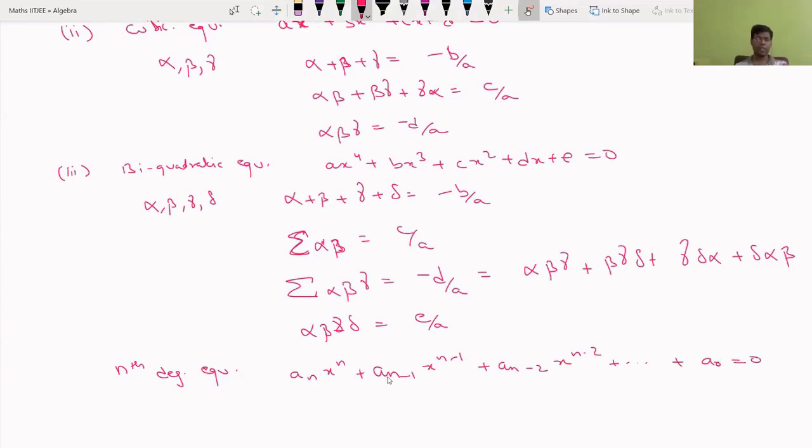Suppose this is my n degree equation. Then say alpha, beta, gamma, delta, and so on are the roots of the equation. Then the sum of the roots, that is sigma alpha, I'm writing, will be always minus an minus 1 by an. This coefficient, the second coefficient by the first coefficient with a negative sign.